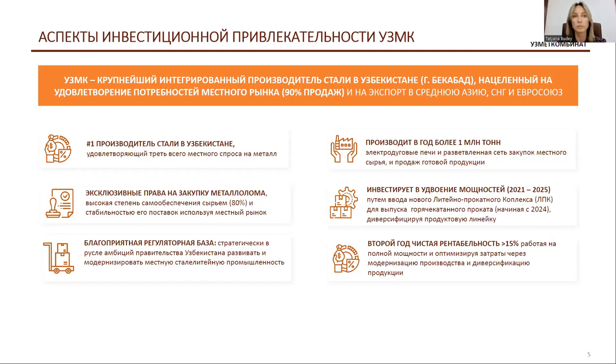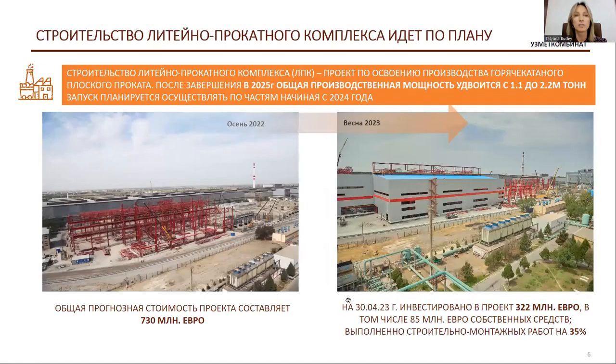Uzbek Steel has a solid financial foundation. We saw 2 consecutive years of record high revenues with net margins of over 15%. We are generally optimistic about the outlook of development and growth of Uzbek Steel.